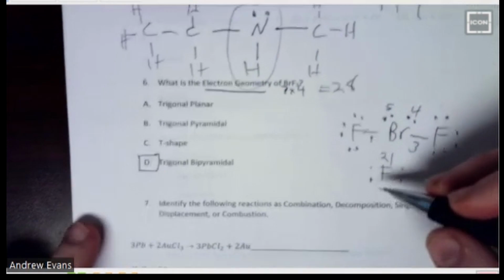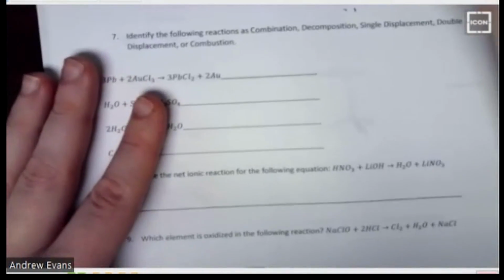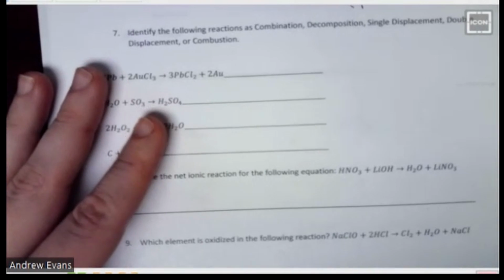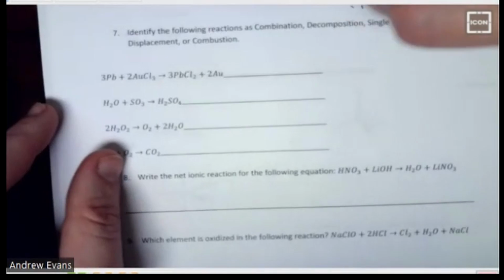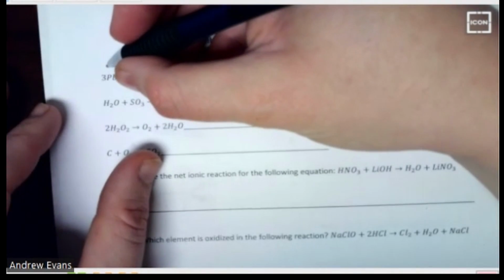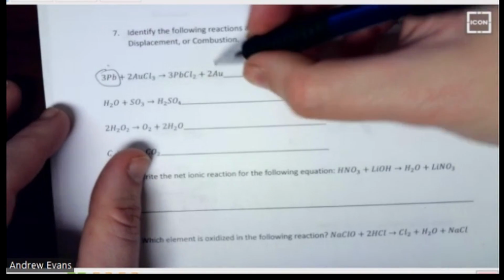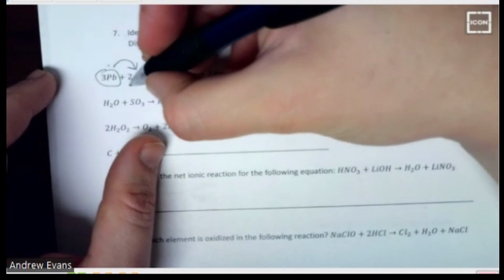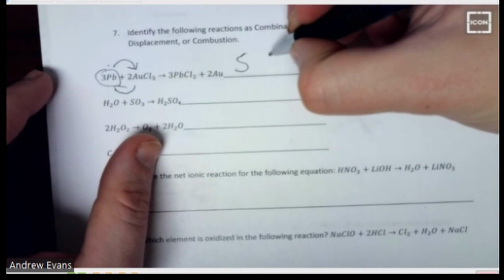Now, identify the following reactions as either combination, decomposition, single displacement, double displacement, or combustion. Single displacement is when one element displaces a compound, and we have lead and gold displacing each other. So that's single displacement.